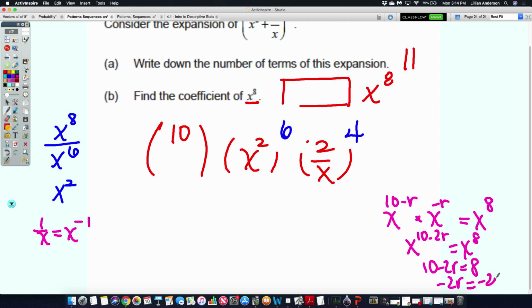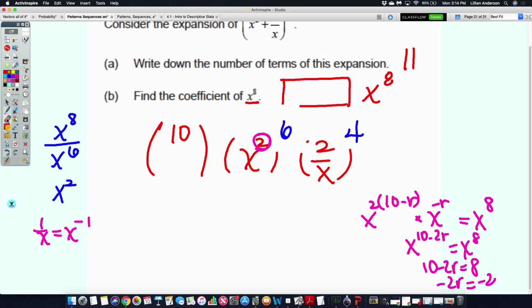I think I messed up somewhere. Oh, I did mess up somewhere. Don't worry, so did I. I forgot that this x is being squared. But it's a quick fix. If I change this to x squared, I still have n minus r there. What do I do with that 2? Distribute.